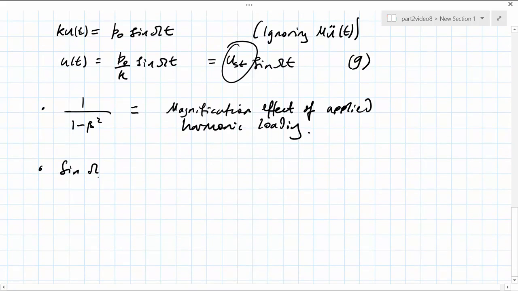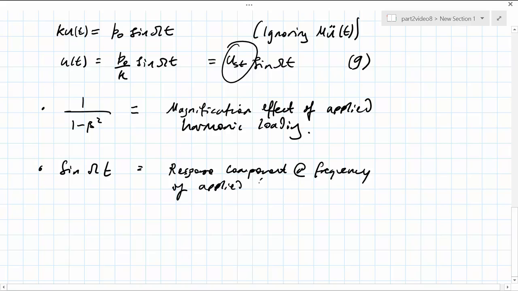Sine capital Omega t, that is the response component at the frequency of the applied loading. And beta times sine natural frequency t, that is the response component at the natural frequency.